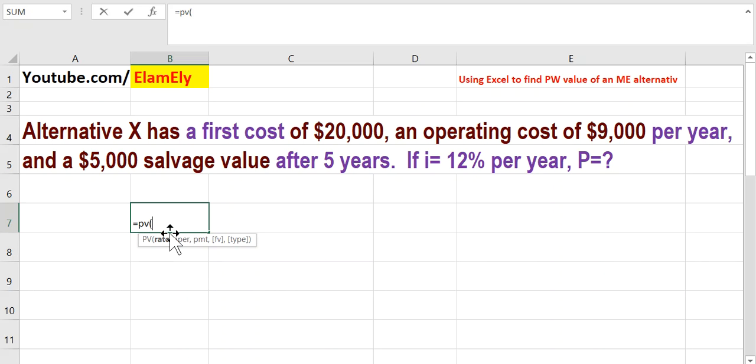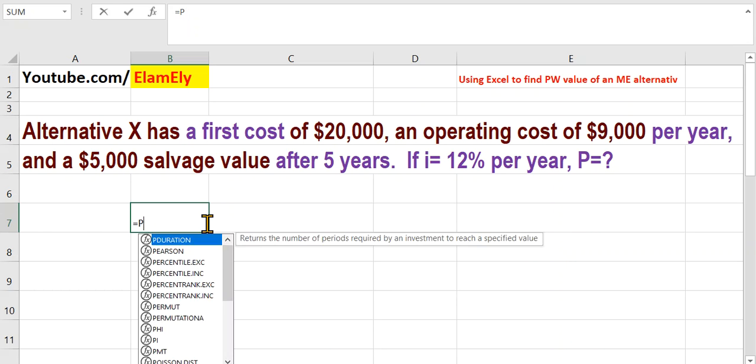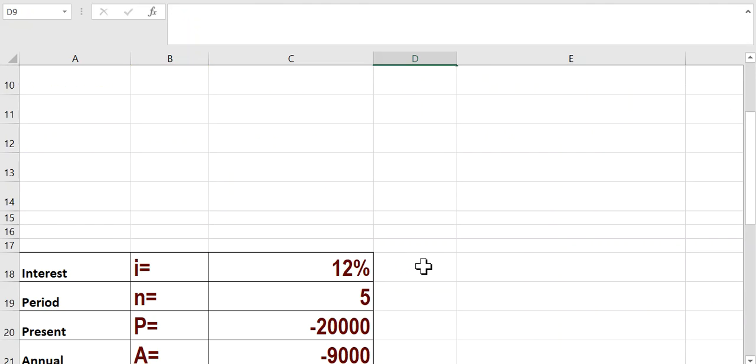Or if you don't have A, you have F, you can transfer it from F to P. So basically, whenever I want to convert everything to P domain, or find the equivalence of it in the present at year 0, all I have to do is use the function PV. And in order to use it, you put equal PV before it and then get the information. So let's try it together.